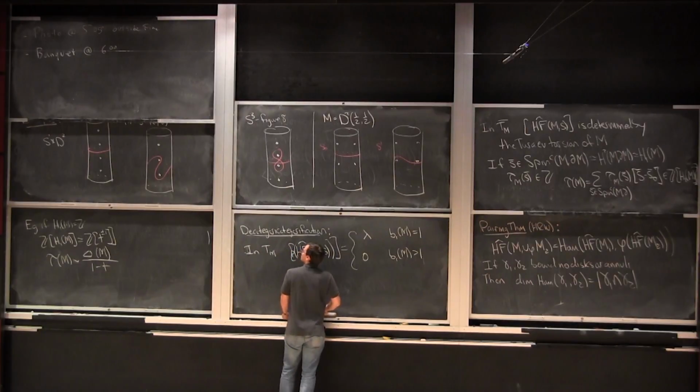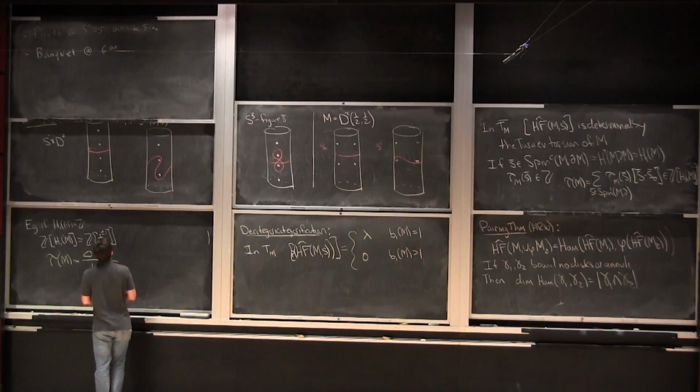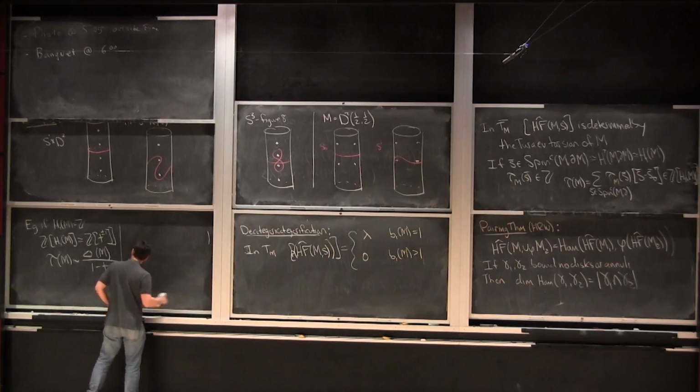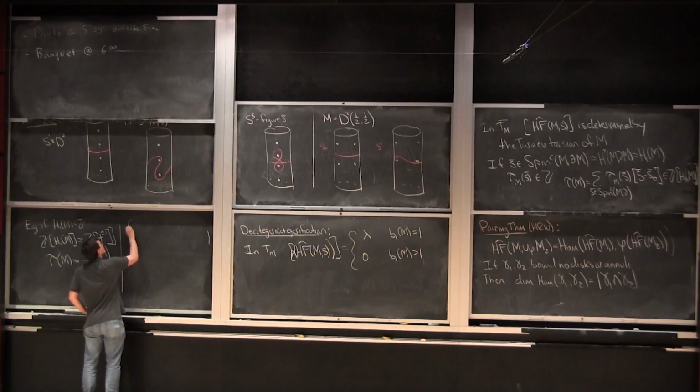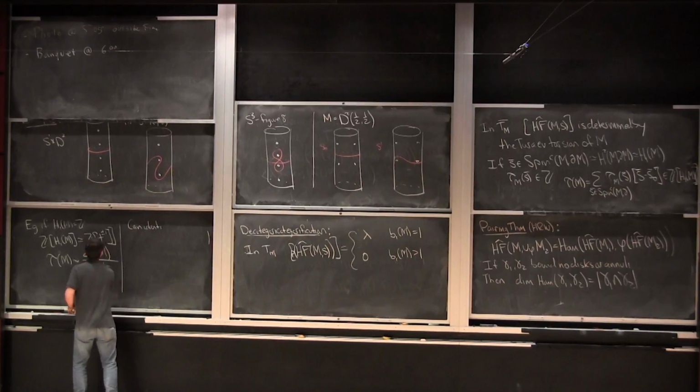All right, so what does the Turaev torsion have to do with this HF hat of M? Well, I can identify, let's say this.